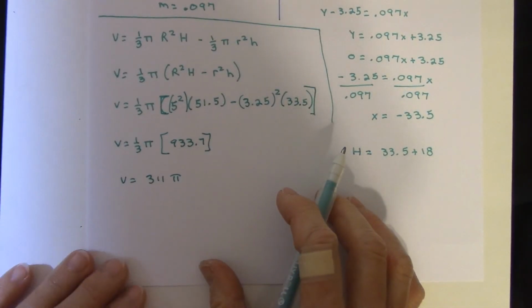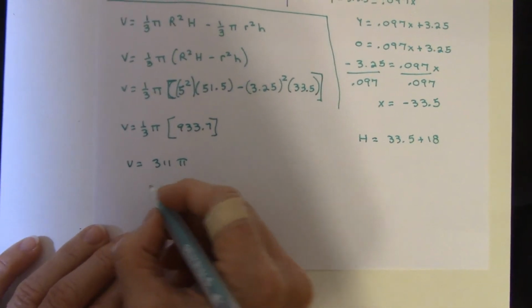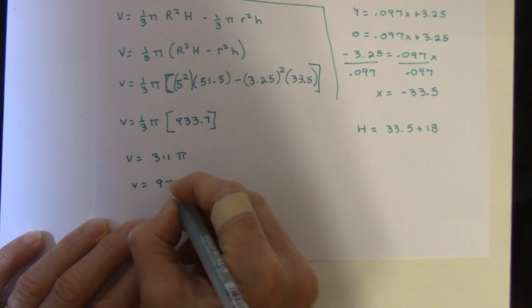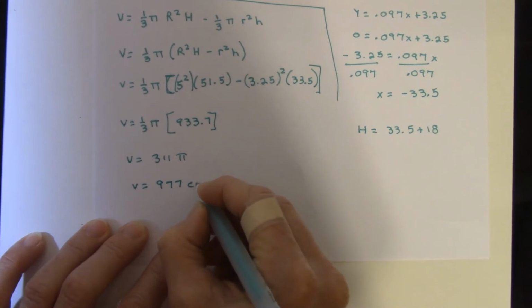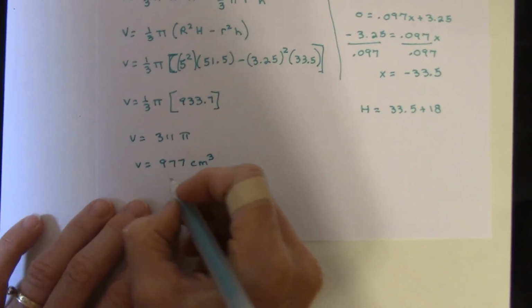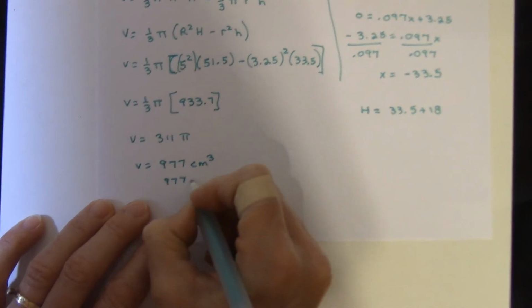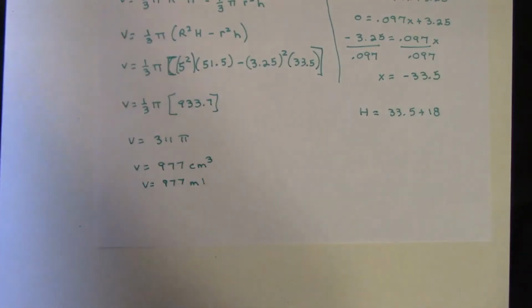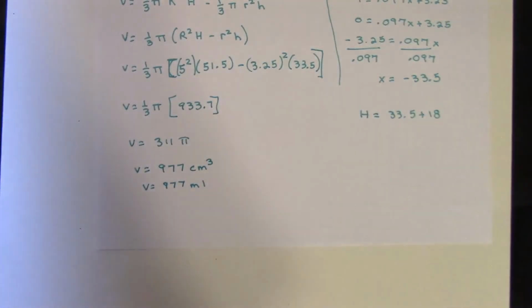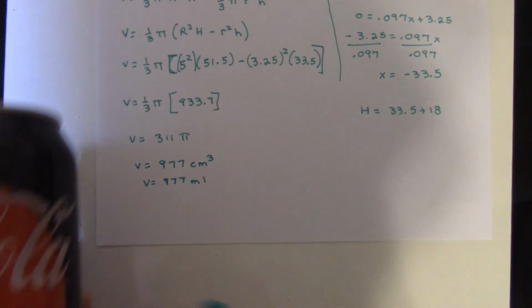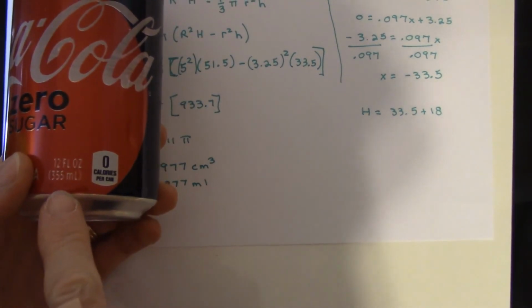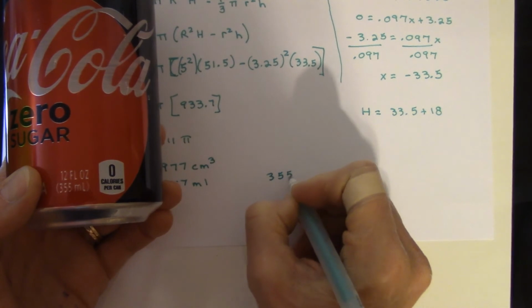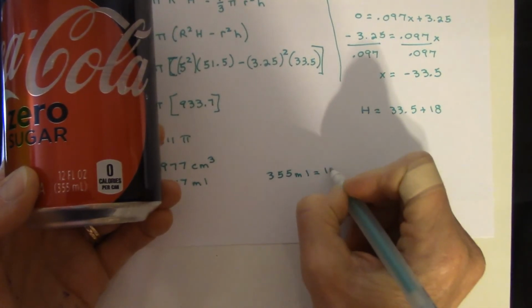Multiplying pi as, let's say, 3.14, your volume is 977 centimeters cubed, which is the same as 977 milliliters. That's our volume. But if we want to see how much it actually holds, we can do an approximate conversion. On this soda can, it tells me that 355 milliliters equals 12 ounces.